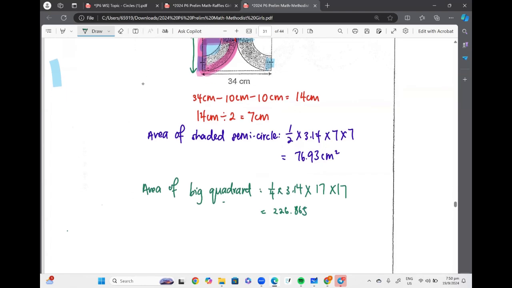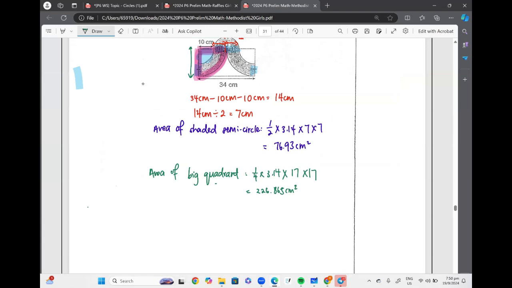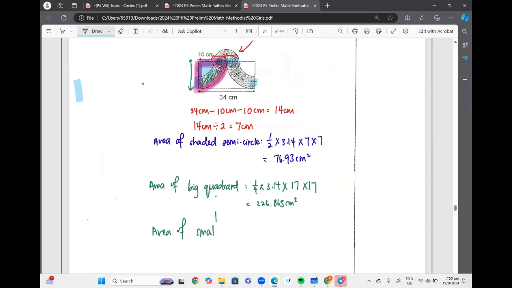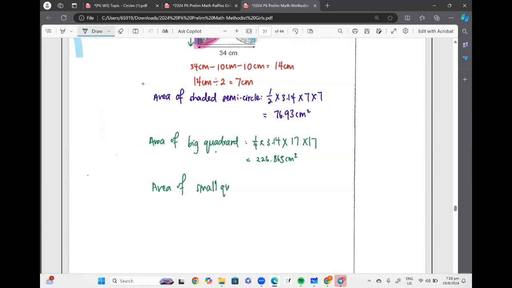I'll get an answer of 226.865. And since there are 2 of such big quadrants, I'll find one of that green area first. I'll go and find the area of the small quadrant, which is 1/4 times 3.14 multiplied by 10 multiplied by 10, which gives 78.5.